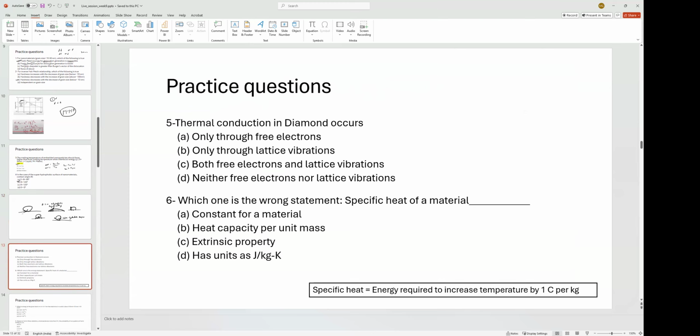Thermal conductivity in diamond. We just saw you can have thermal conductivity either due to electrons or through phonons.